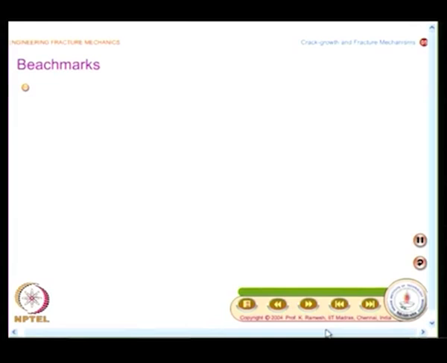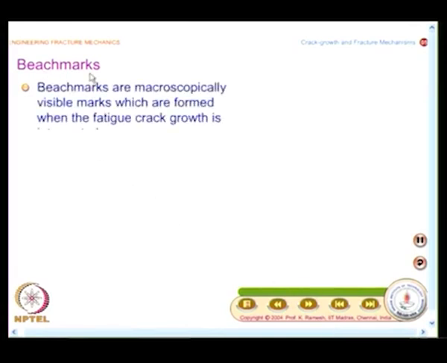Now, we move on to what are known as beach marks. In contrast to striations, beach marks are macroscopically visible. So, you should not confuse a beach mark with a striation.